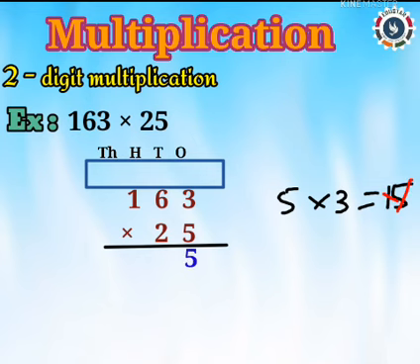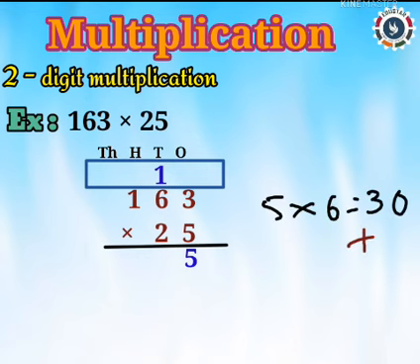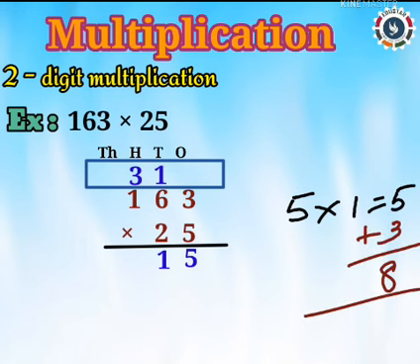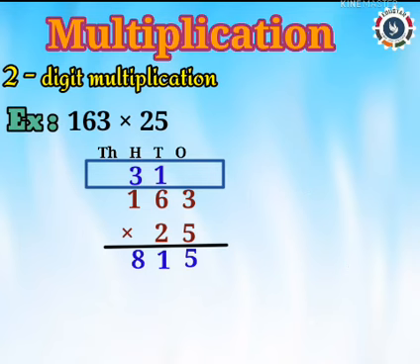Carry 1 to the 10's column. 5 6s are 30. 30 plus carry 1 is 31. Write 1 under 10's column. Carry 3 to the 100's column. 5 1s are 5. 5 plus carry 3, we get 8. So, 815.